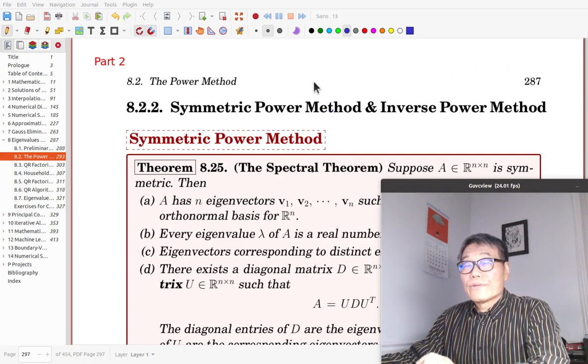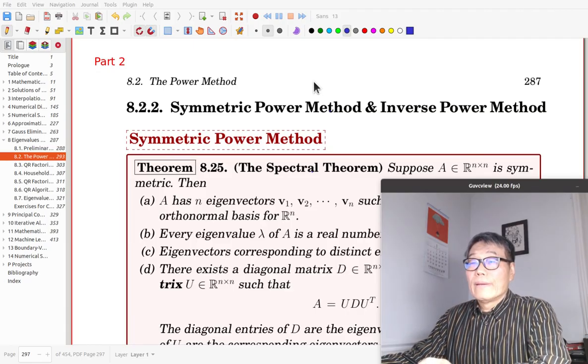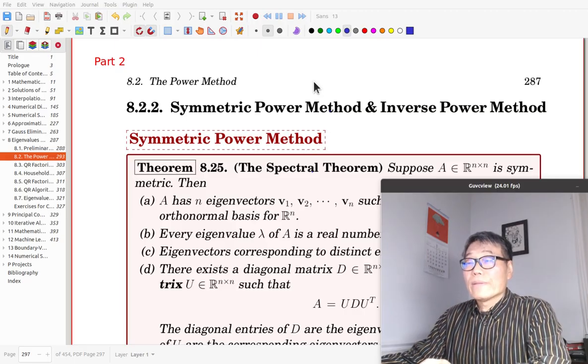It is part 2 of section 8.2. Here we'll study the symmetric power method and the inverse power method, which are variants of the basic power method.